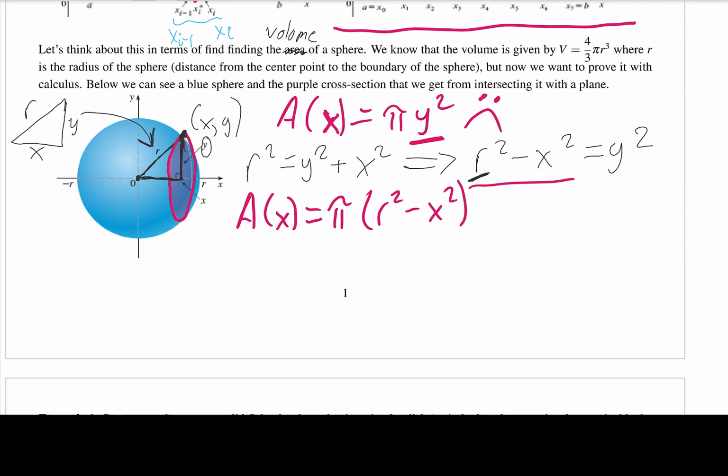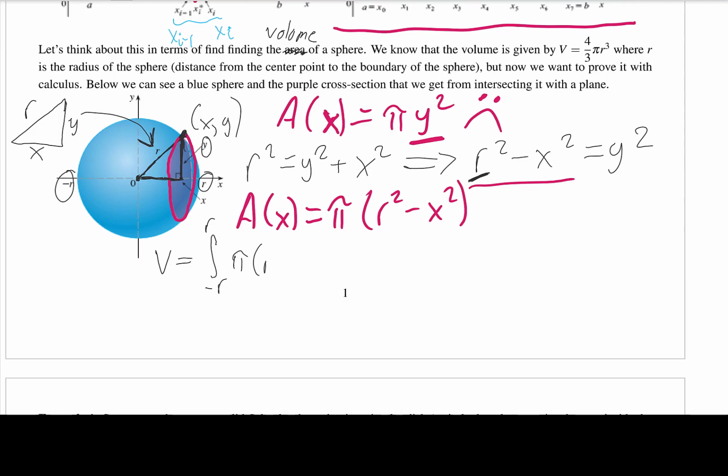And so this tells me that our volume is equal to the integral from a to b, where a and b are our smallest and biggest x values respectively. So that should be negative r and r of a of x.